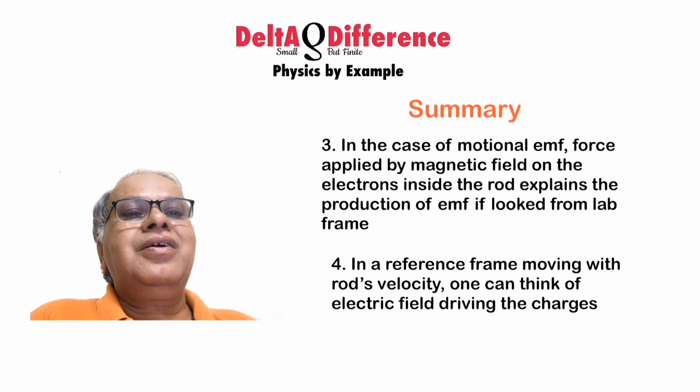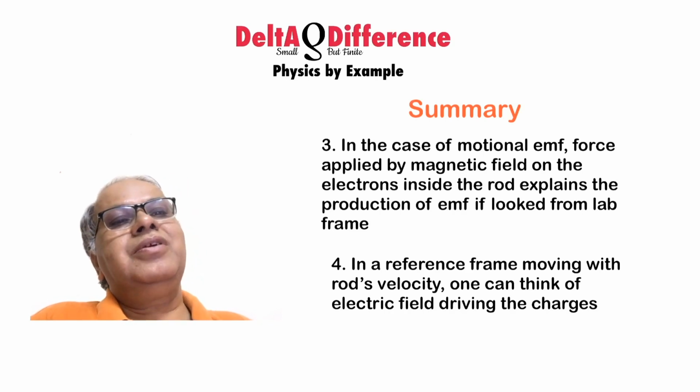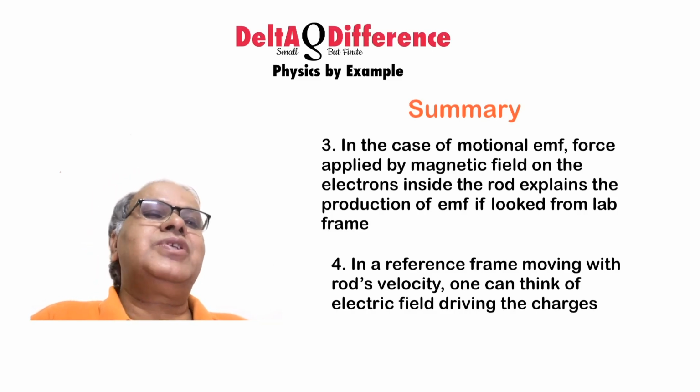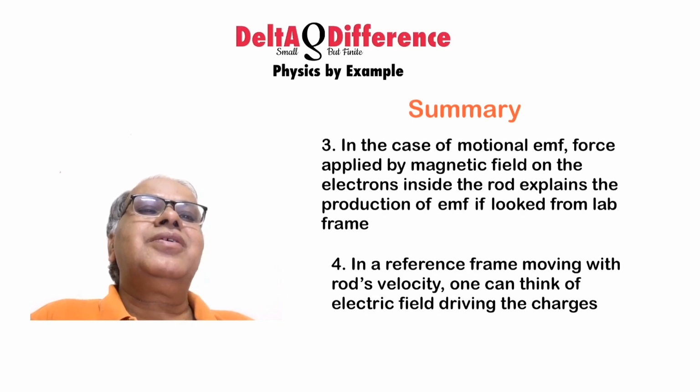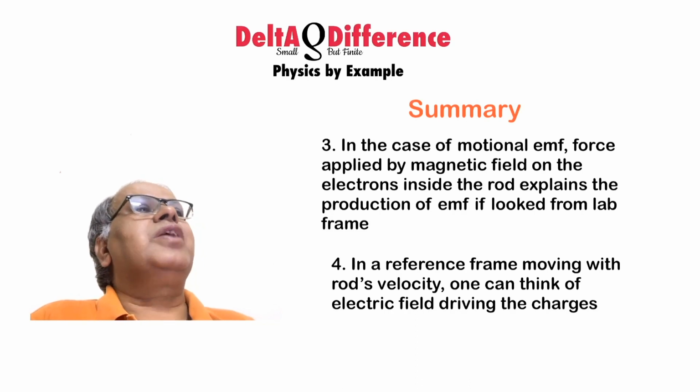There, EMF is generated because the external agent who is trying to maintain the speed of the rod is actually doing work, and that work is becoming the electrical energy. In a reference frame moving with the rod's velocity, one can think of an electric field driving the charges. So whichever way you look at it, you are able to explain what's happening and why the current is flowing.